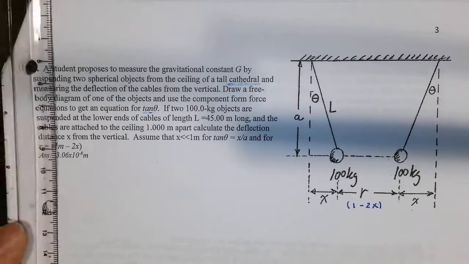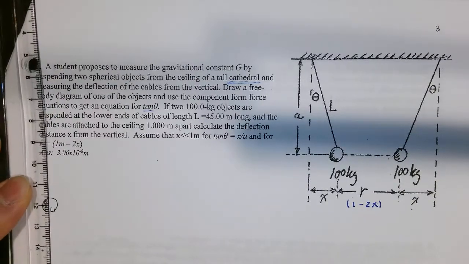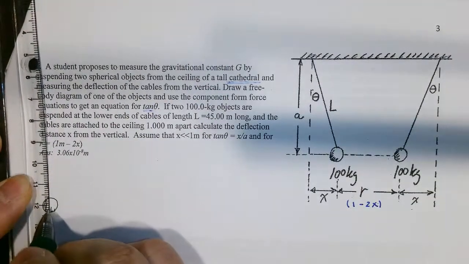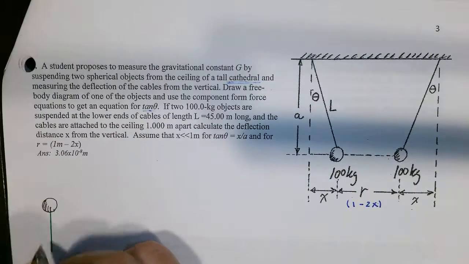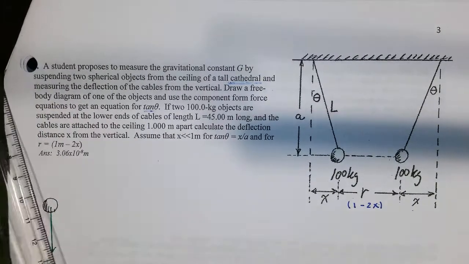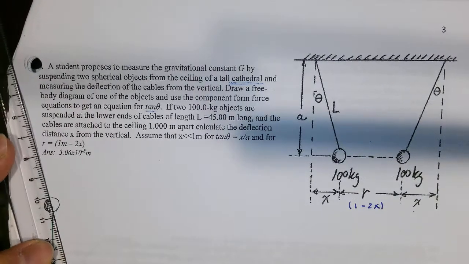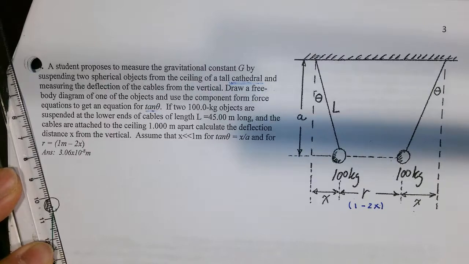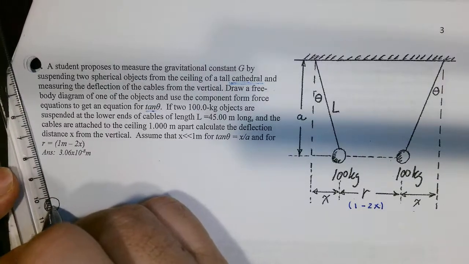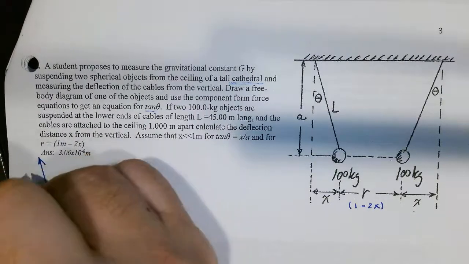Obviously we're going to have Fg going down, and then we're going to have tension going this way.